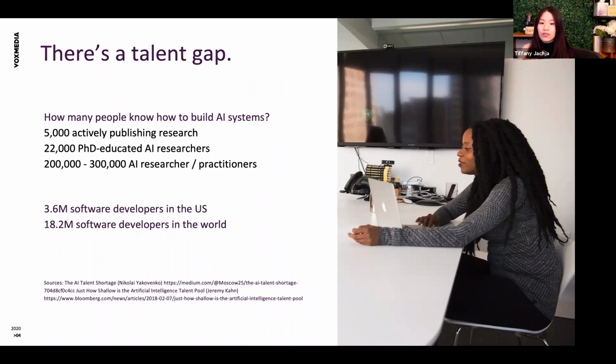Of the millions of developers out there in the world, there are only 5,000 individuals actively publishing research around this topic. If we want to continue to scale out data solutions in this industry, we have to extend how we talk about data to be more inclusive.